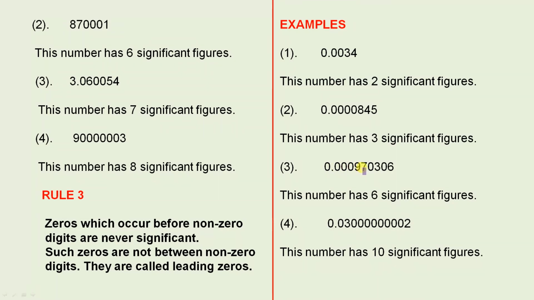So we have 1, 2, 3, 4, 5, 6. Those 2 zeros are significant because they occur between non-zero digits. So there are 6 significant figures. And over here, those 2 zeros are not significant. However, the 3 and the 2 are, and all the zeros in between. There are 10 significant figures.